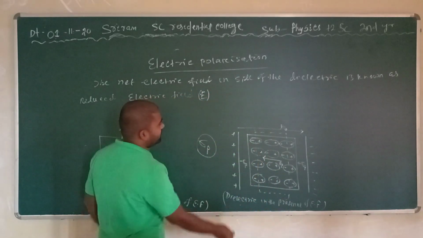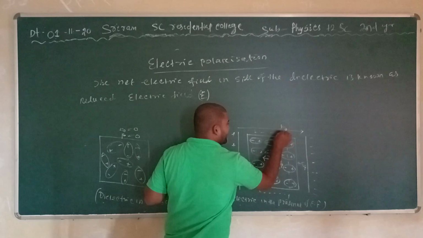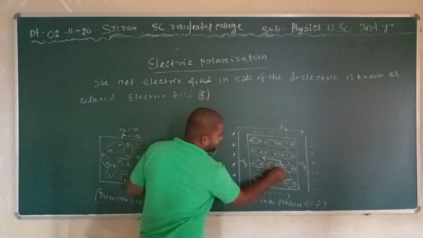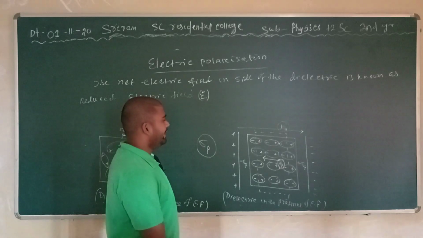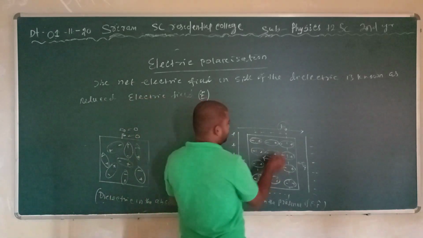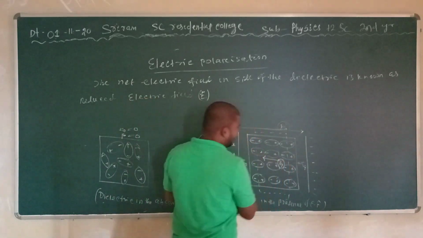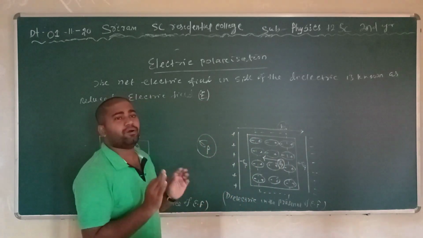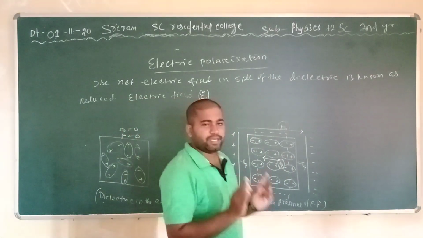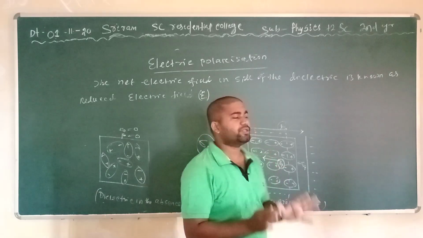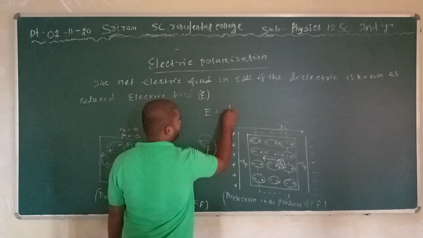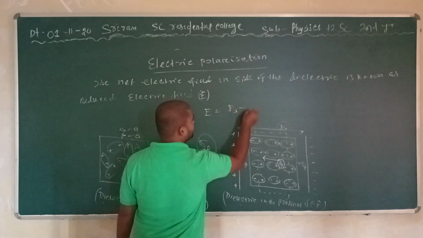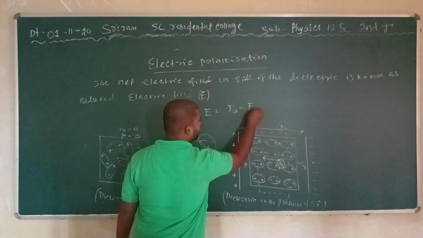So look here. This one is the external applied electric field E naught, and this one is the induced electric field or polarized electric field. If you observe, the induced electric field and the applied electric field are opposite to each other, so the reduced electric field E becomes E naught minus EP.